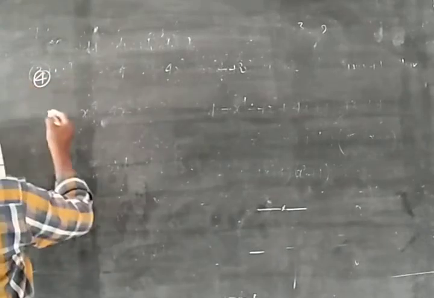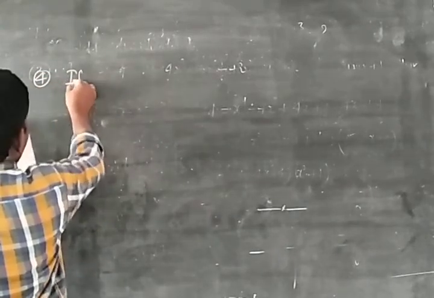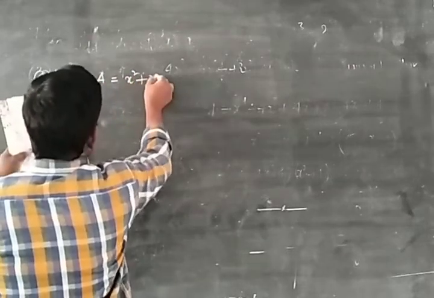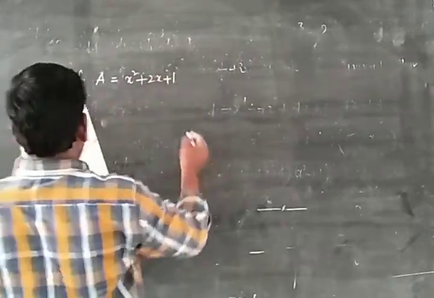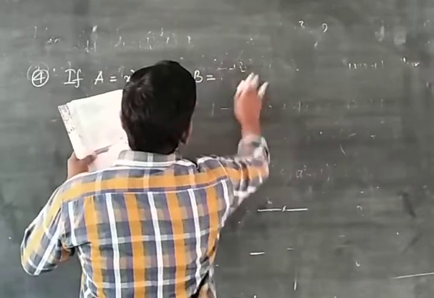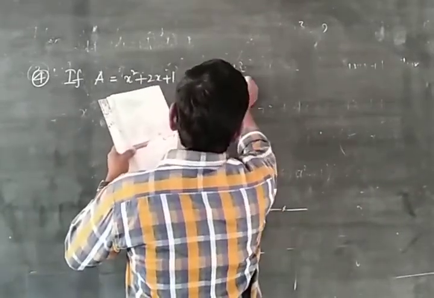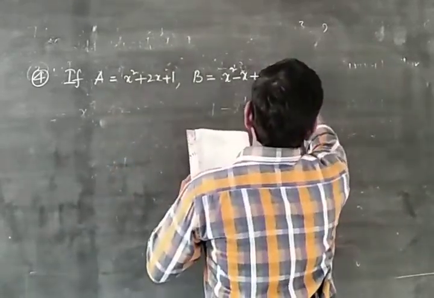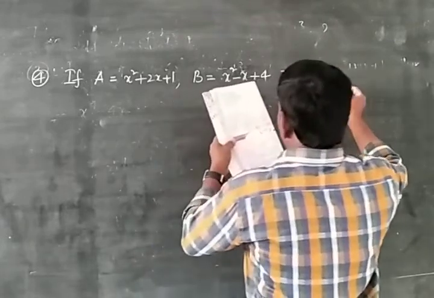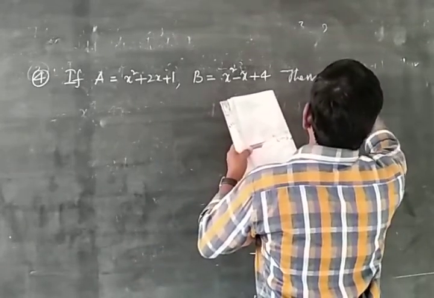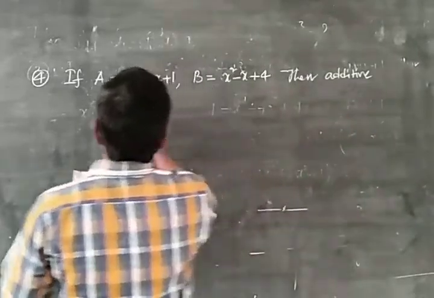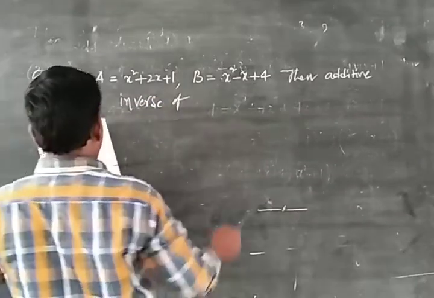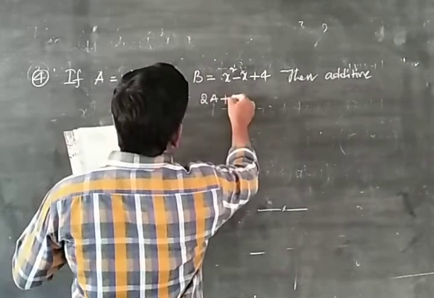Fourth one. If a equals x square plus 2x plus 1, b equals x square minus x plus 4, then find the additive inverse of 2a plus b.